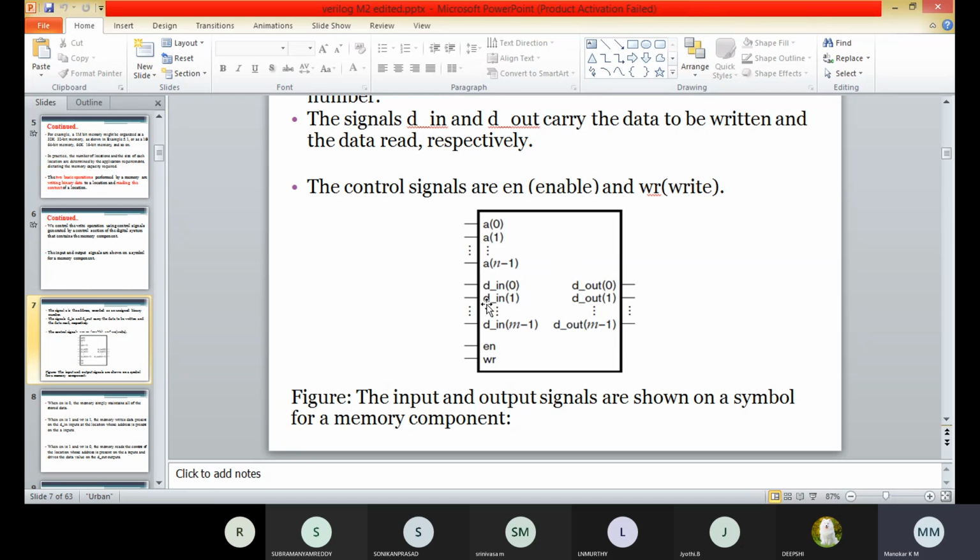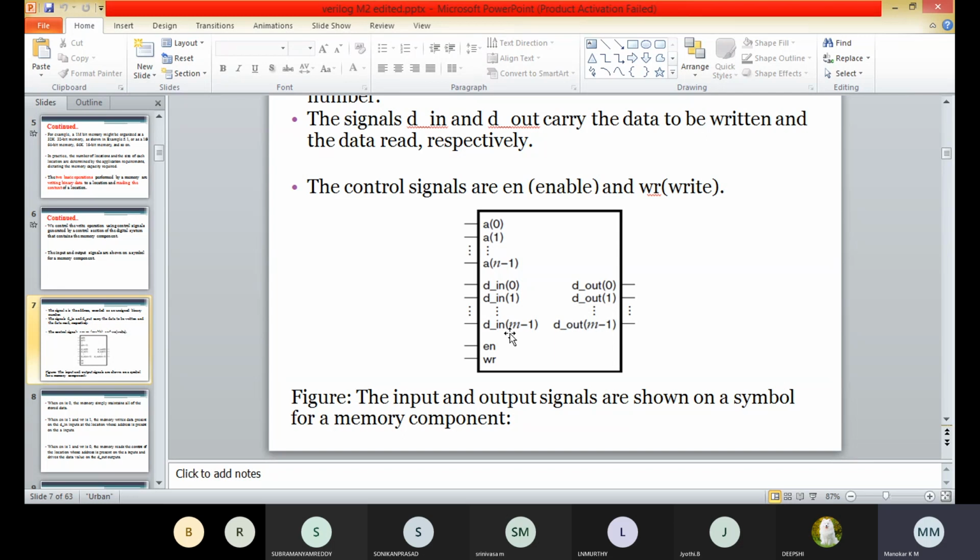The signals D_in and D_out carry the data to be written and the data read respectively. The encoding of these signals depends on the application.